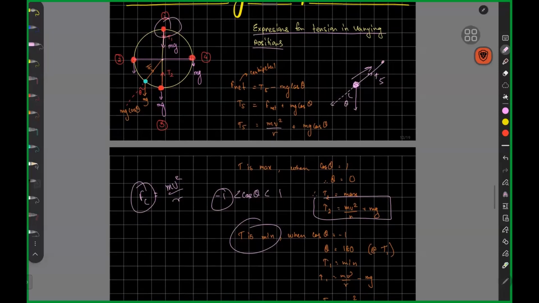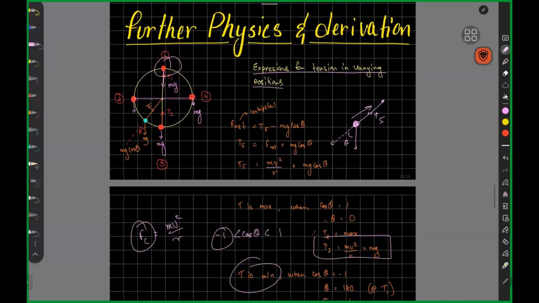So till this point, what we did is we analyzed the forces. As we saw, in the topmost position we have both the forces in the same direction, so the tension is going to be less. Ultimately, that variation in tension is causing a difference.